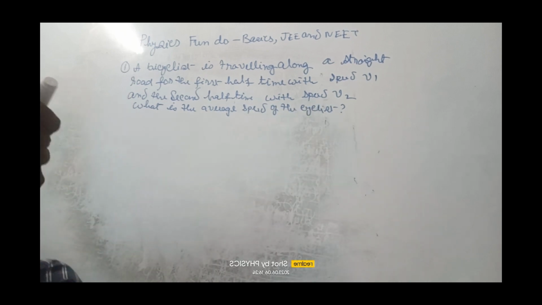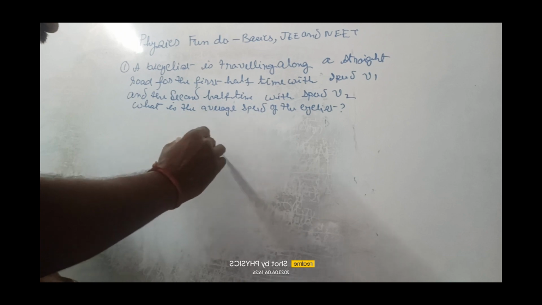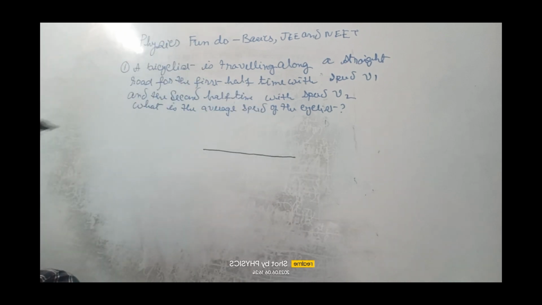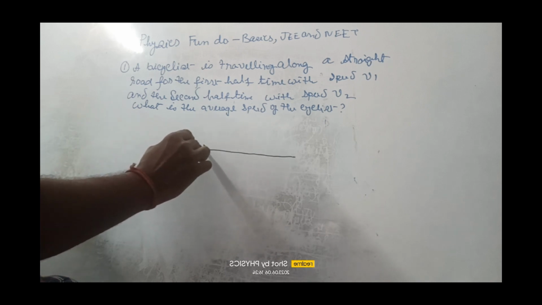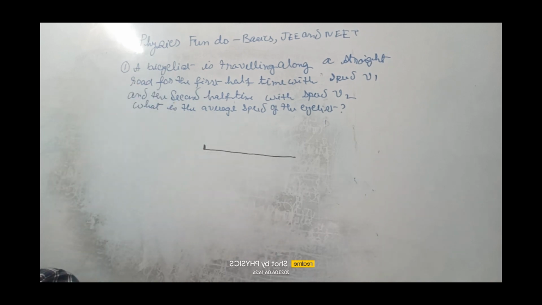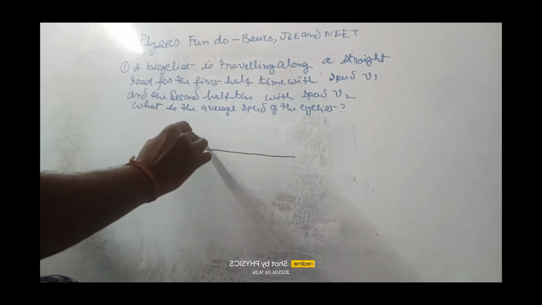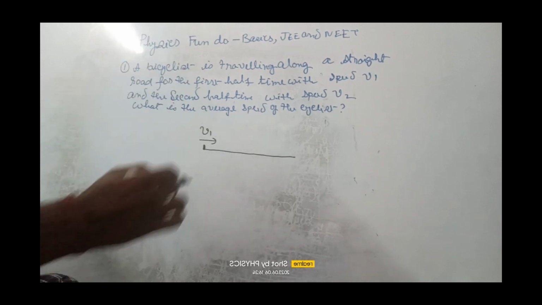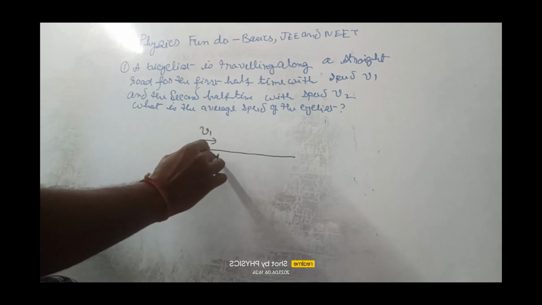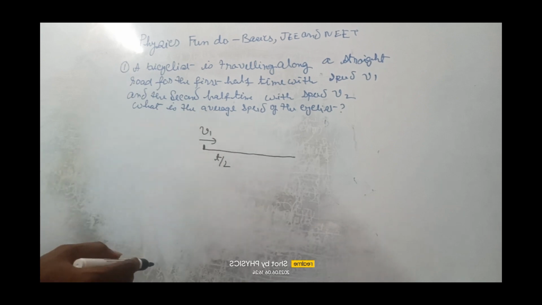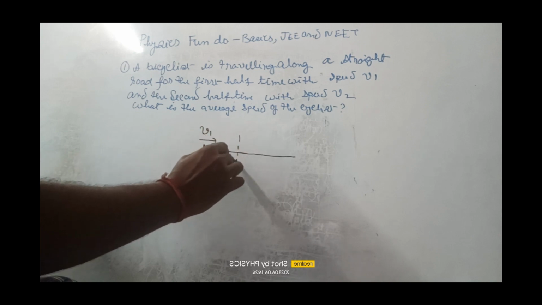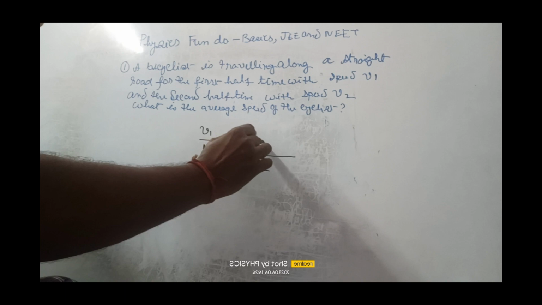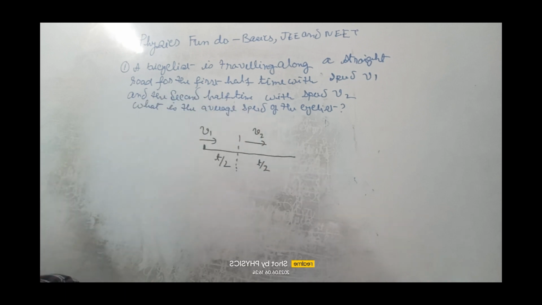How to solve it? Let us draw a road. Here is the cyclist. Now he is moving with the speed v1 for the first half time, that is t by 2, and next t by 2 time traveling with the velocity v2.